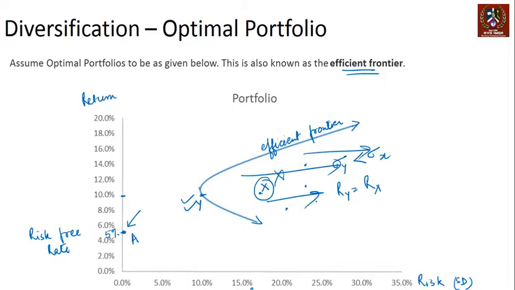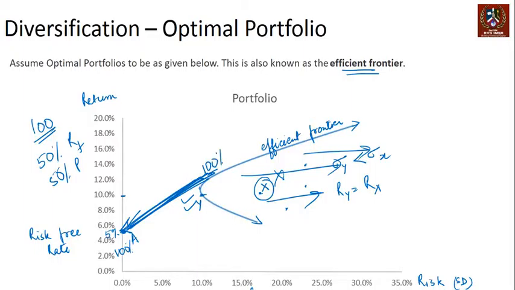Now let's assume that we can raise money or we can invest money. So let's say we have $100 and we invest it in a combination of 50% into the risk-free asset and 50% into the portfolio. So basically that investment has to lie somewhere in between this zone. This is where 100% is in the risk-free asset, and this is where 100% is in the portfolio. Now a combination should lie somewhere in between, logically. So what do we do?